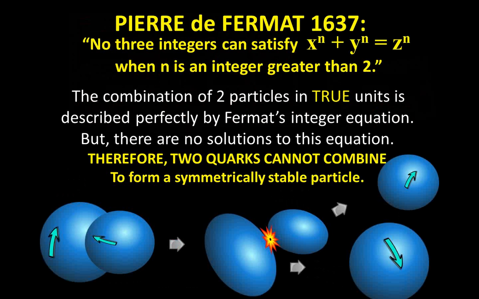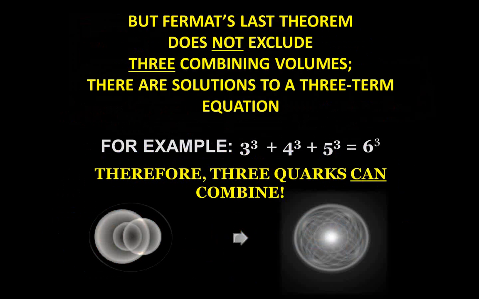That is, no symmetrical spinning particles comprised of true units can combine to form a third symmetrical particle. This means that two elementary particles stuck together will be asymmetric and therefore unstable as spinning objects. Because of their combined angular momentum, they will quickly fly apart.